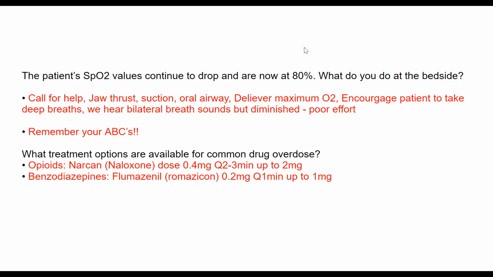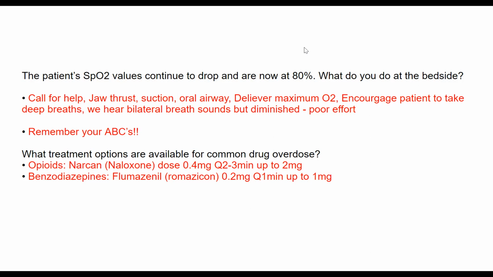Also think about benzos. So if it's opioids and benzos on board, but they received more benzodiazepine medications and they're really not responsive, really not breathing well, you can use flumazenil. And this is a benzo reversal. I have not used it yet here in the PACU in the last couple of weeks, but I'm sure it's been used.